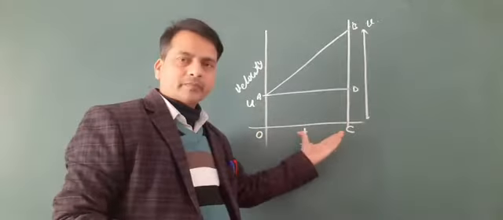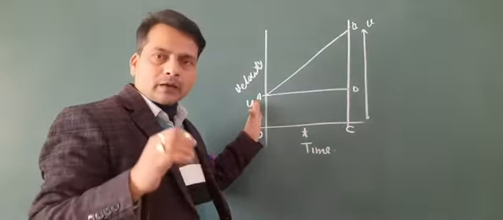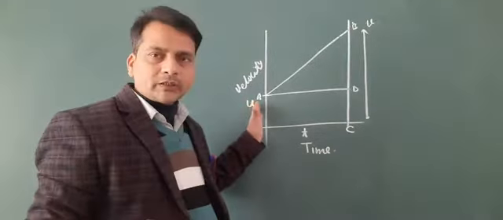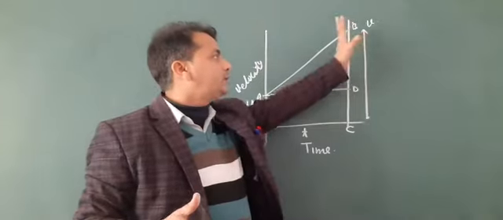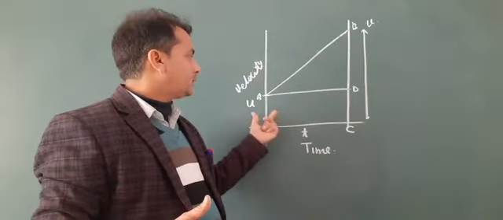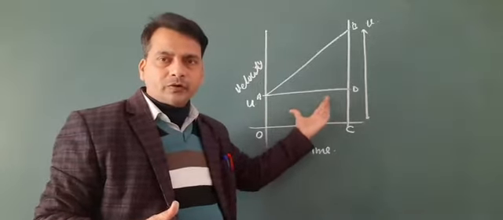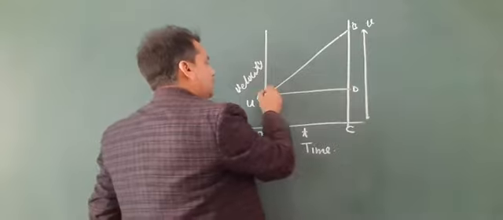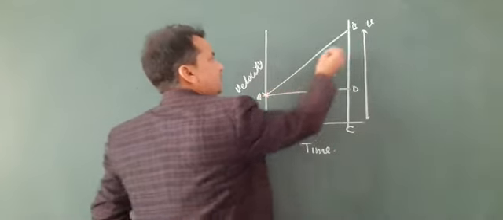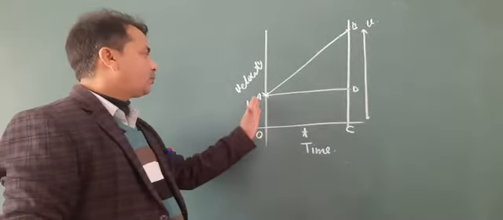After time t, the velocity of the object changes to the final velocity v at point B. Then it accelerates with uniform acceleration.